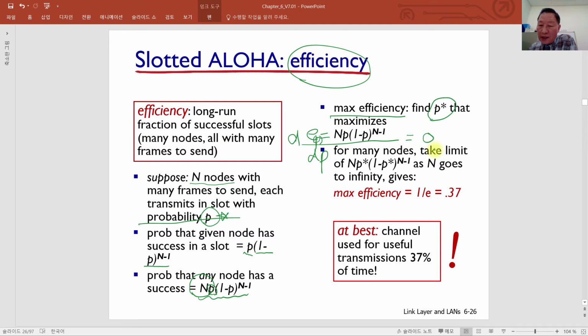If that is 0, then we can get this one. That is the maximum efficiency. And to get the maximum efficiency value, we should use this value p.